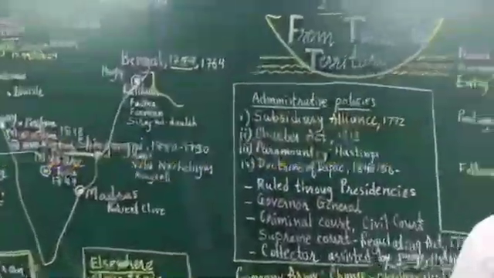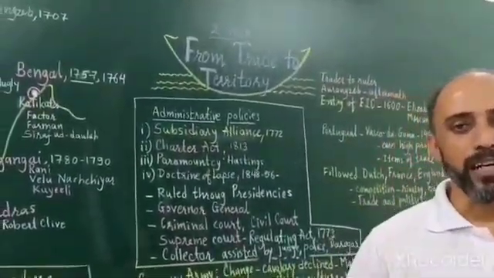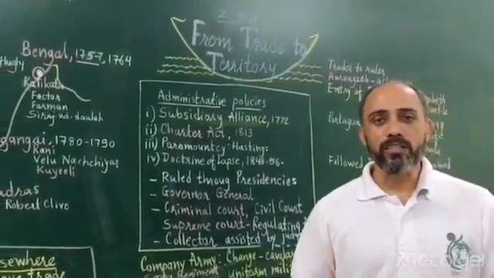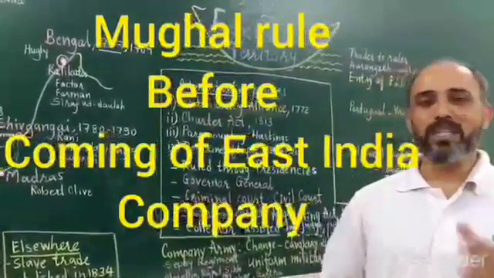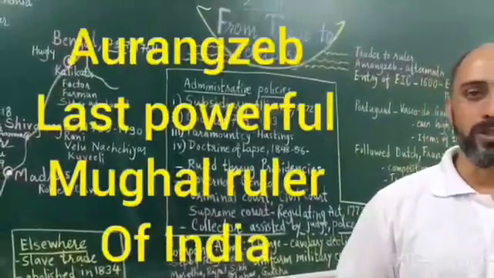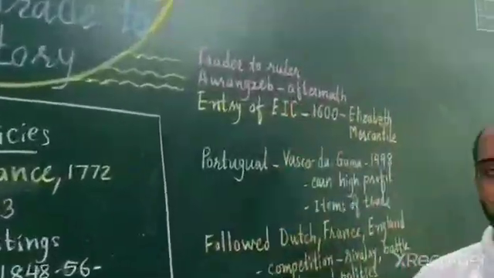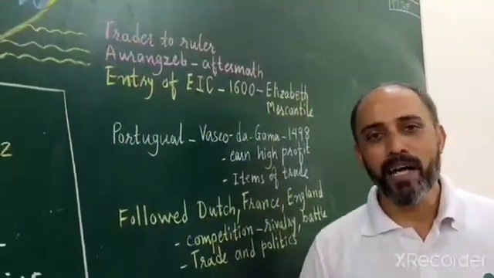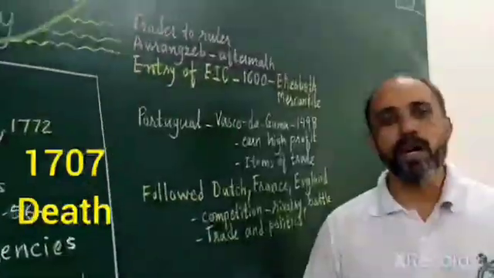Before studying how England or the East India Company came to India and became rulers, there was one powerful ruler ruling over India, a Mughal ruler. Aurangzeb was said to be the last powerful Mughal ruler of India. After the death of Aurangzeb in the year 1707, his empire was split into small provinces ruled by Nawabs.